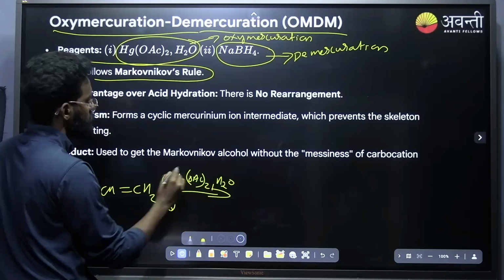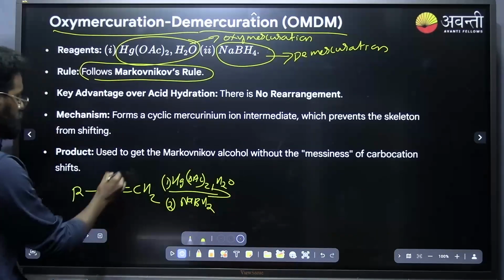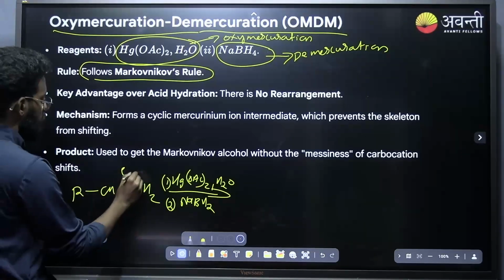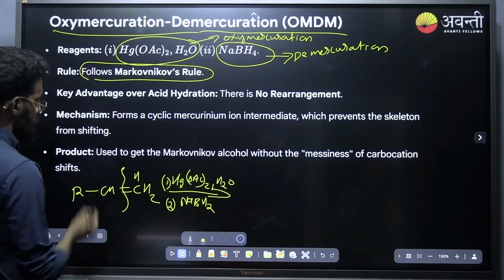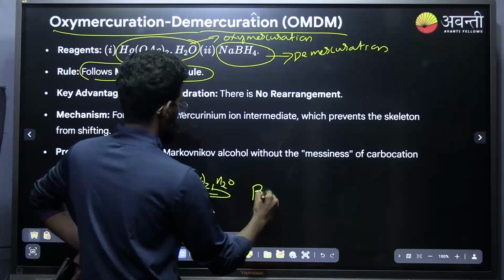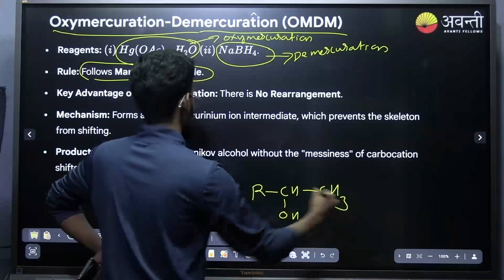Then the second step is NaBH4, the reducing agent. Demercuration will take place. Hydrogen will be adding to that carbon where there is more number of hydrogen, and OH will be adding to that carbon where there is less number of hydrogen. So resulting what I will be getting is RCHOHCH3.